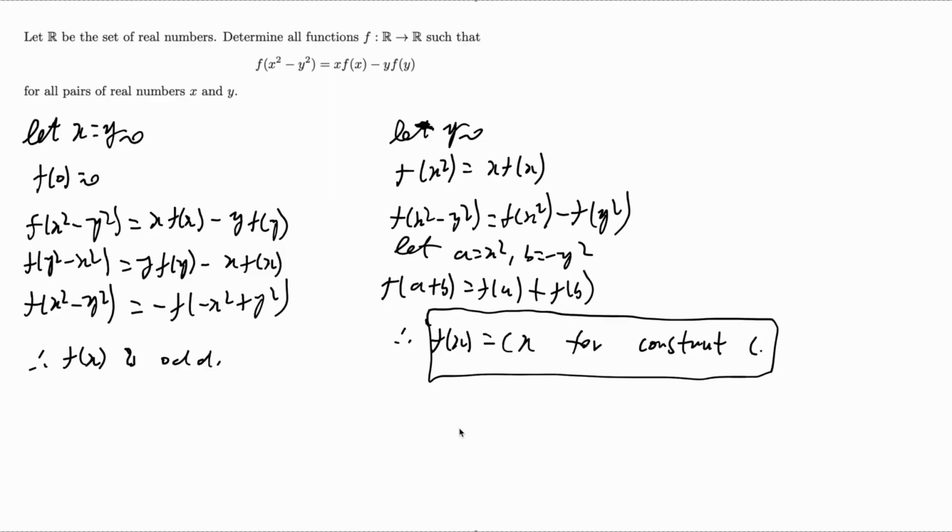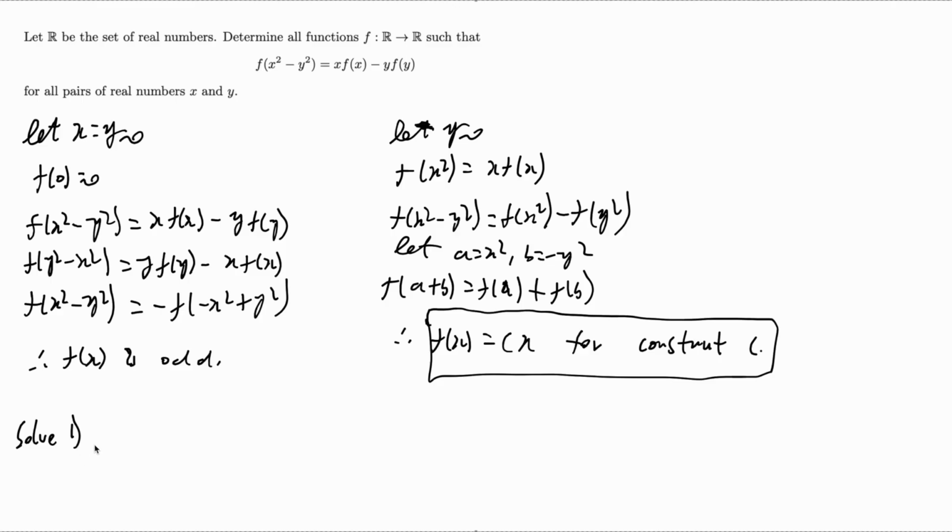But I realized that the official solution had more to this. I just know this Cauchy equation and then just stop right here. But I realized that the official solution had more things to add here. So I'm going to share what they did, and I think they're both really brilliant.